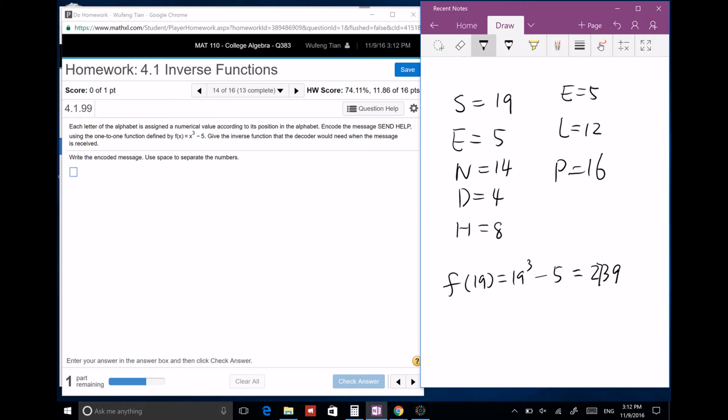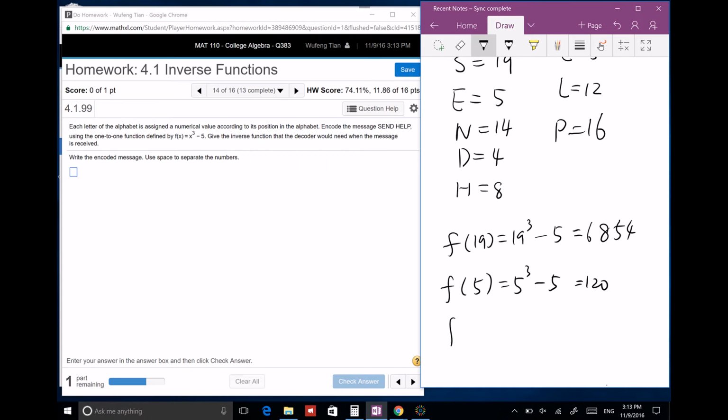Okay, my bad. It's 19 cubed minus 5. 19 times 19 gives 6854. And f of 5 equals 5 cubed minus 5, which is 120.